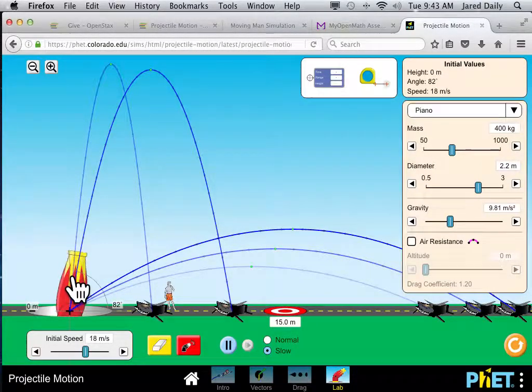Actually, let's come down from here. Let's go down to 75 degrees. Actually, let's go to 65 degrees. So at 65 degrees, let's fire a piano.